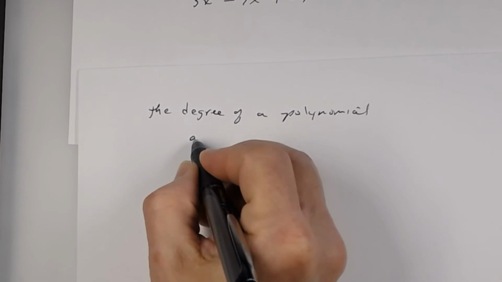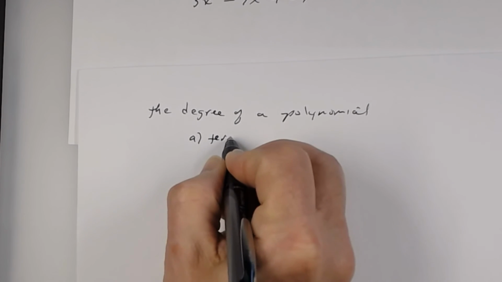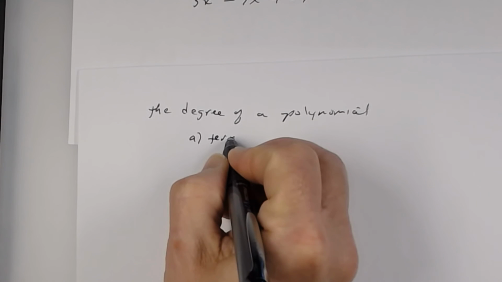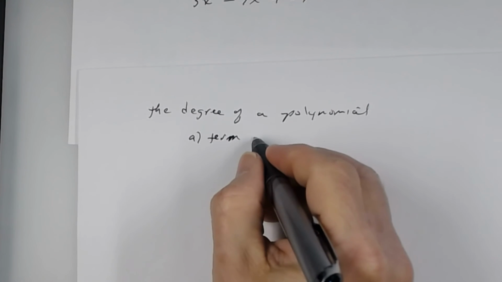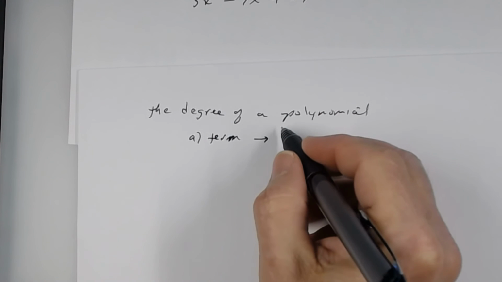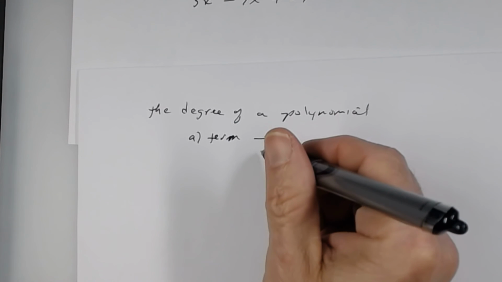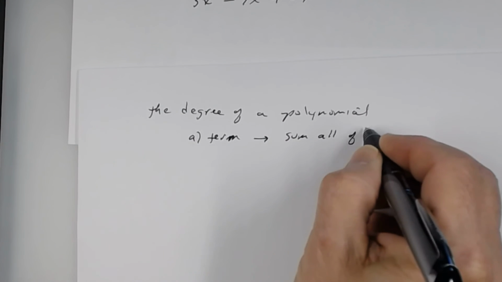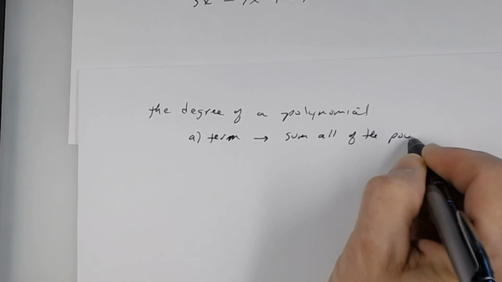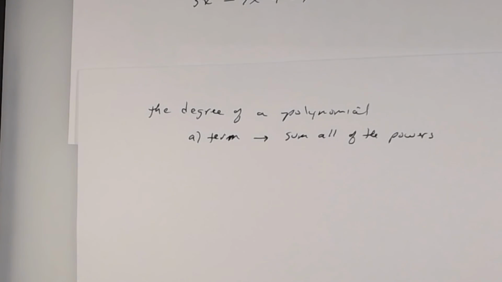So let's talk about the degree of a term. To find the degree of a term, just one term, you're going to sum all of the powers. So the degree of a term is the sum of all of the powers.